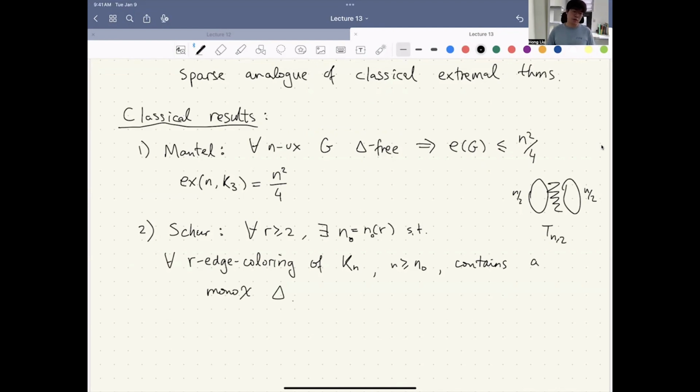For example, when r equals 2, we can take n to be 6, the two-color Ramsey number for the triangle.